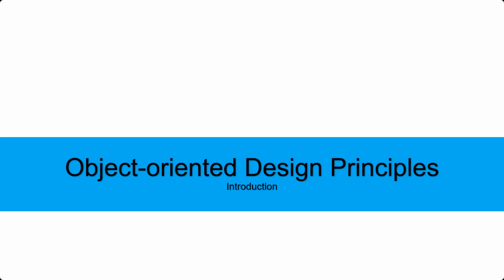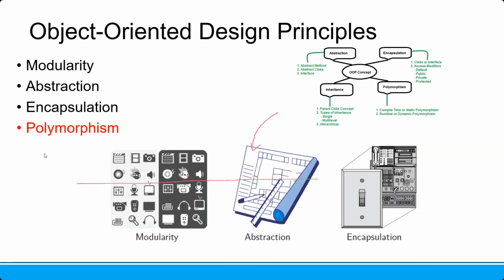Now we need to understand more about object oriented programming, because when we learn about data structures and algorithms, most of the examples will be object oriented. So at least there are 3 things that you can learn about the object oriented design principles.